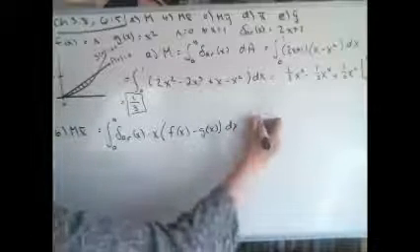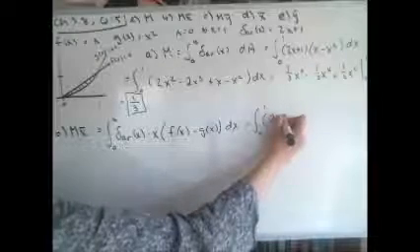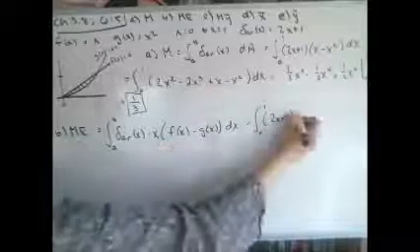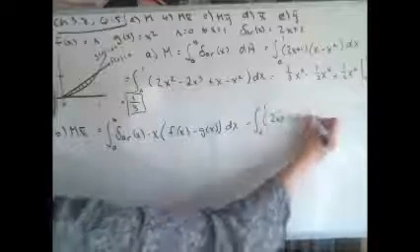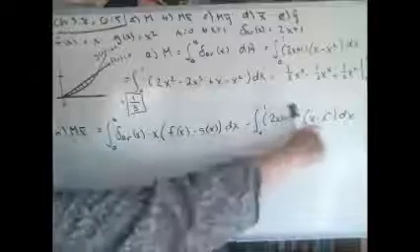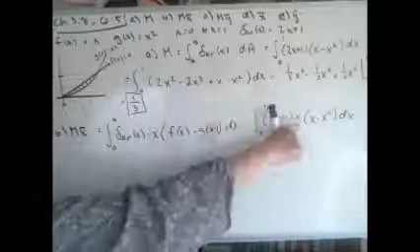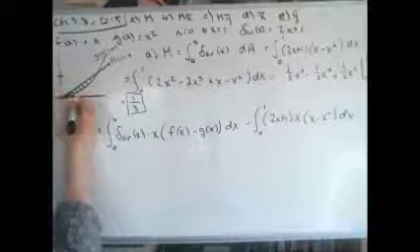Okay, so plugging everything in, I'm going to go from 0 to 1. My area density is 2x plus 1. I've got my x. And then I also have my function, x minus x squared dx. This is the area between the two functions. This tells us our x coordinate, where our mass is actually located.